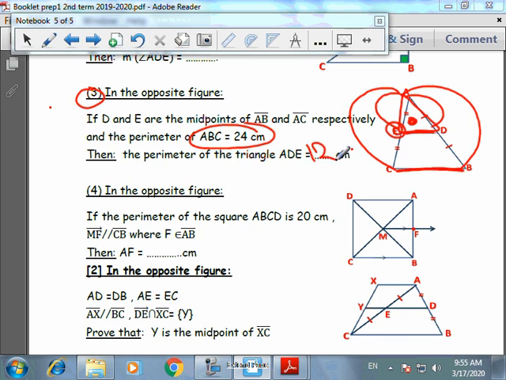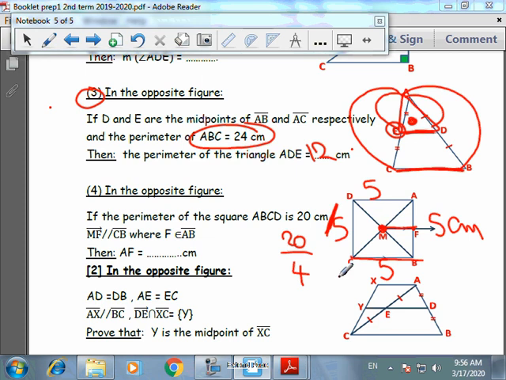Number four, if the perimeter of the square ABCD is 20 centimeters, what can I do with this 20 centimeters? Excellent. 20 divided by 4, so each side is 5 centimeters. Then MF is parallel to CB. What about point M?